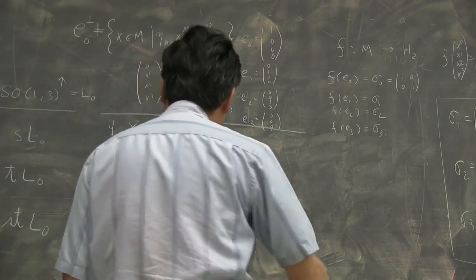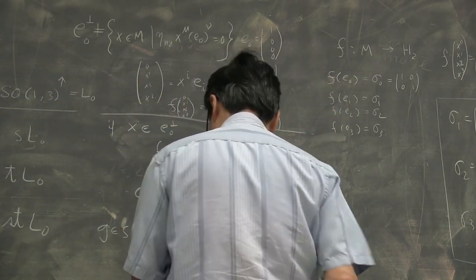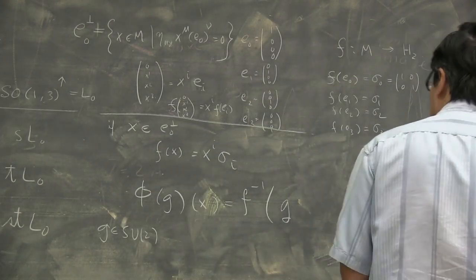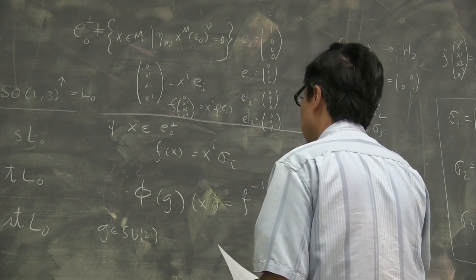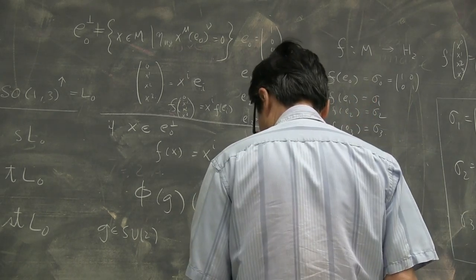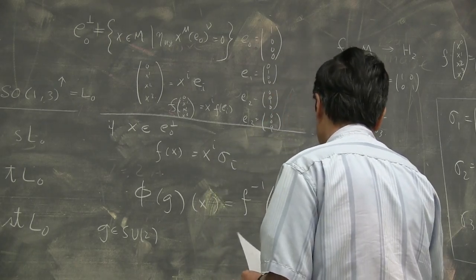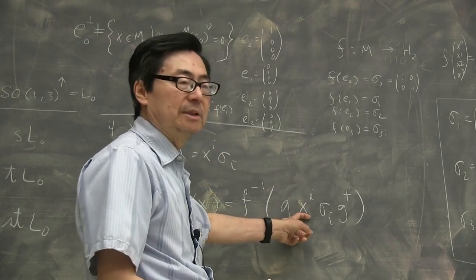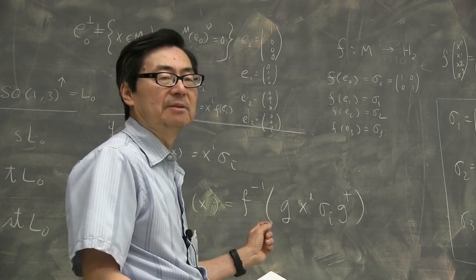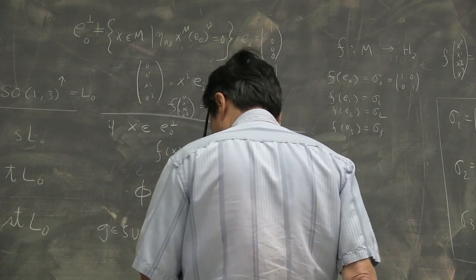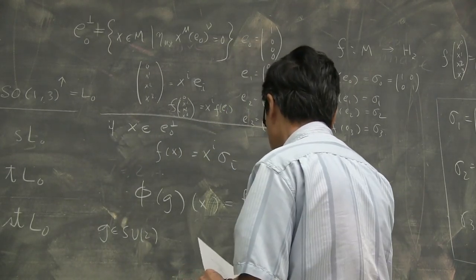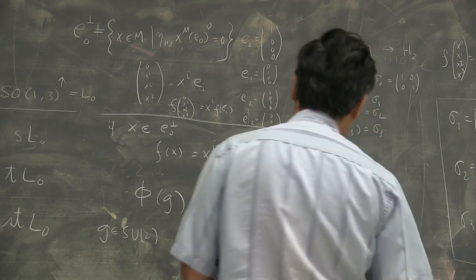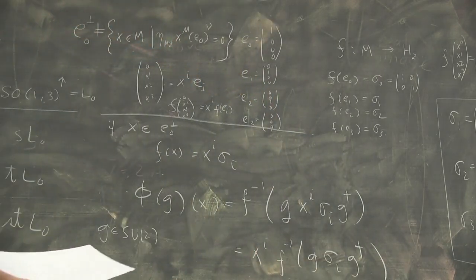According to that formula, it is equal to F inverse of G, F of X, which is xi sigma I, and then G dagger. Well, F inverse is a linear map, and xi is just a number, so you can take it outside of that map. So this is equal to xi F inverse of G sigma I G dagger, like this.